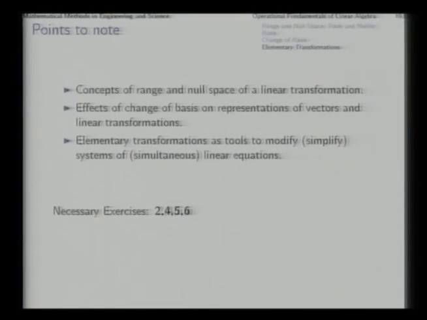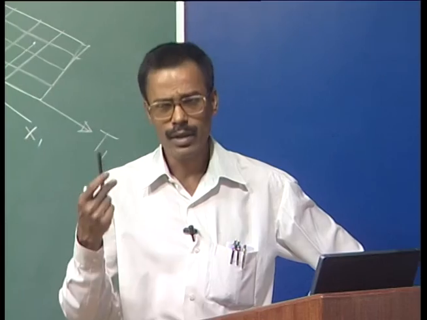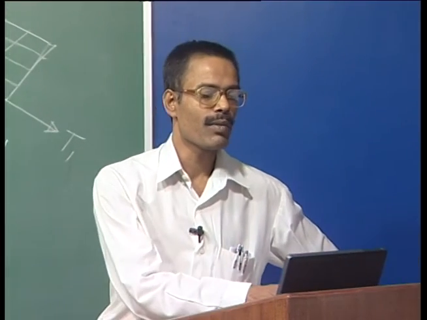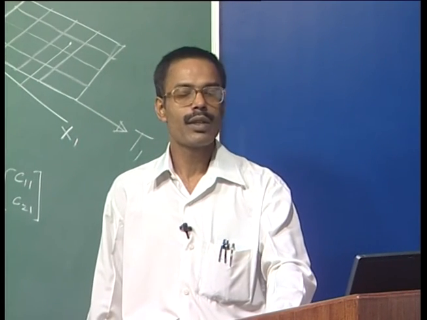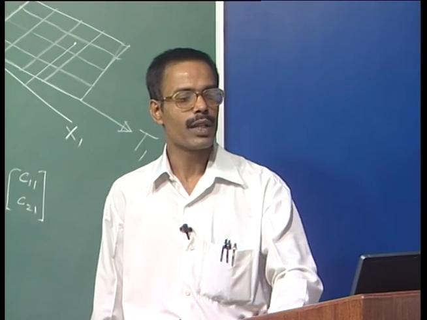Third important issue from this lesson is the idea of elementary transformations as tools to modify, essentially simplify systems of simultaneous linear equations. These concepts will be extremely useful for our subsequent lessons on the systems of linear equations.